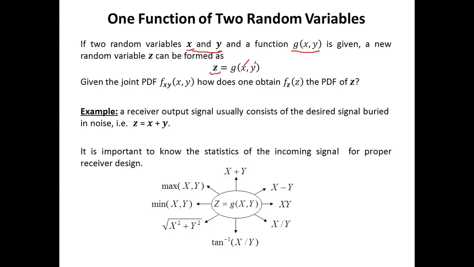Let us say we have the information about the joint distribution of X and Y. From this information and given the functional behavior, if we are asked to find out what may be the distribution of the third random variable Z, this is the task we need to perform in this lecture.